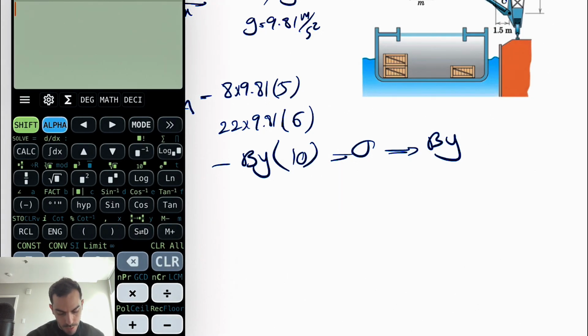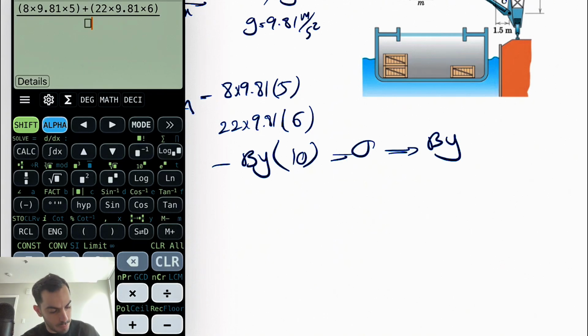So this is going to be our ratio: 8 times 9.81 times 5 plus 22 times 9.81 times 6, and in the denominator, we're going to have 10.